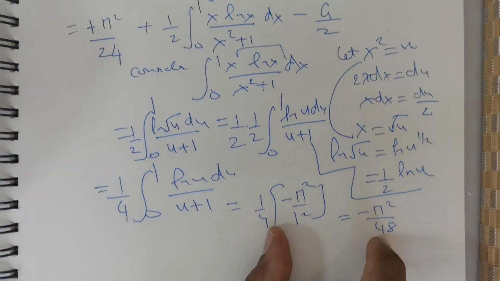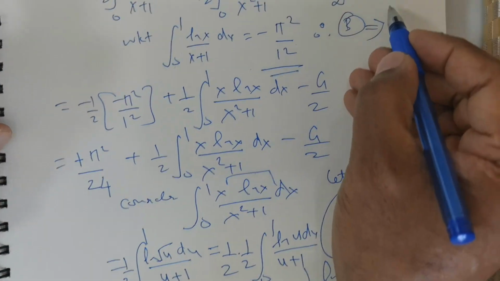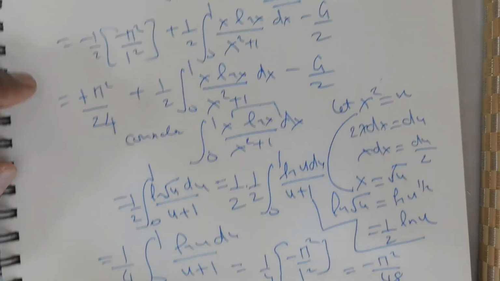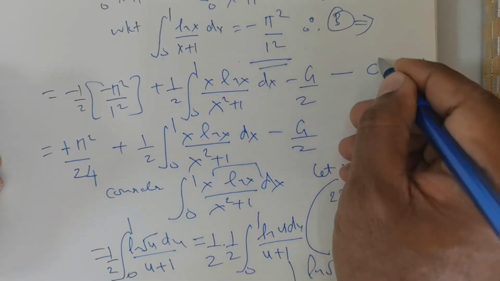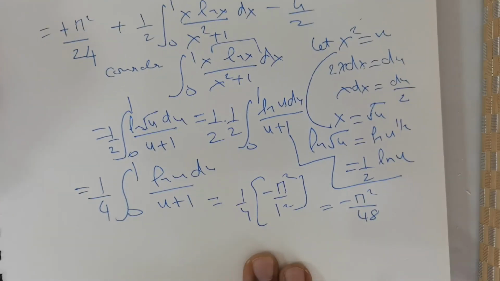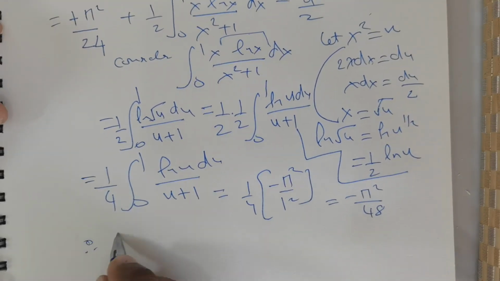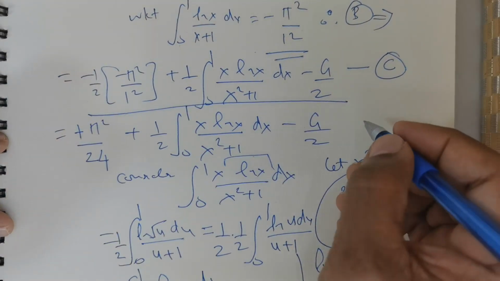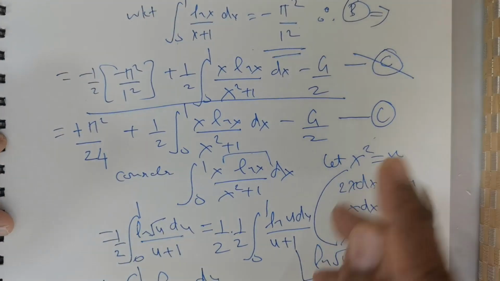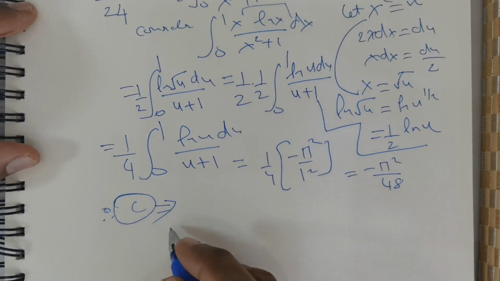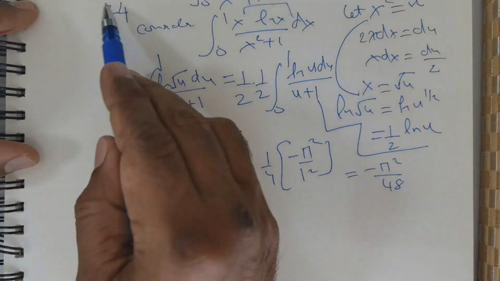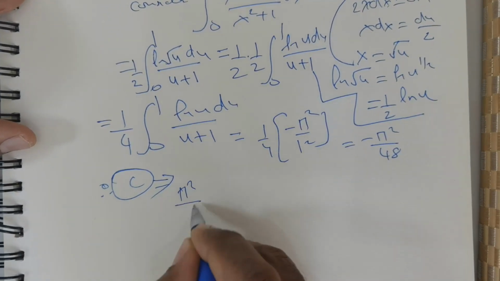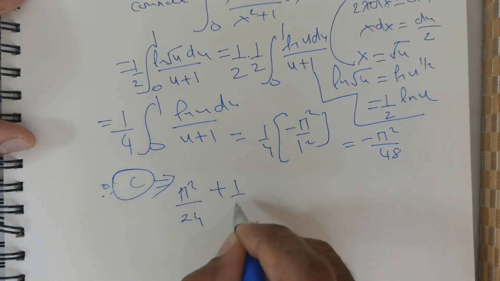Now take this value and put it in b, right? Again you can write, probably you can put it over here. So therefore I can rewrite c. This is my c. Probably I can take this to be a c. This is my c. So c is this entry, right? So pi squared over 24 plus 1 over 2.